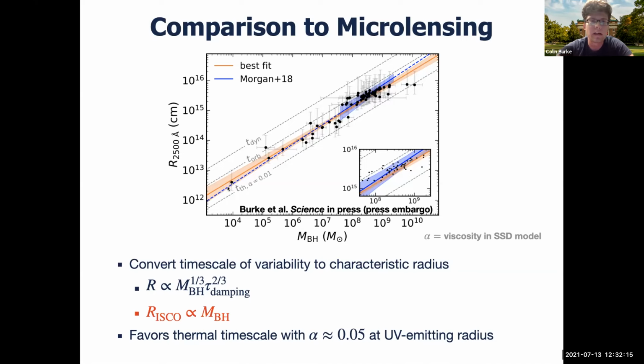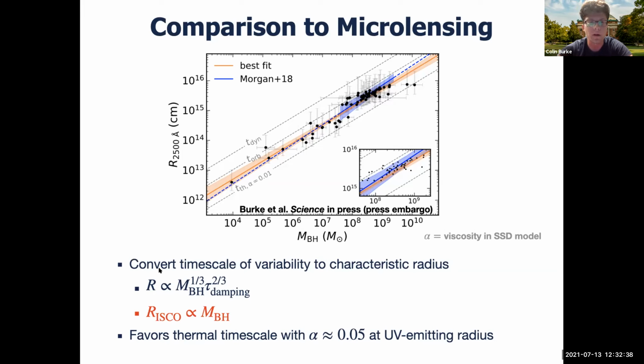But it implies that alpha, which is the viscosity parameter in the standard Shakura-Sunyaev accretion disk model, is pretty high, around 0.05. So here we're showing the thermal time with alpha of 0.01 and compared to the orbital time and the dynamical time.